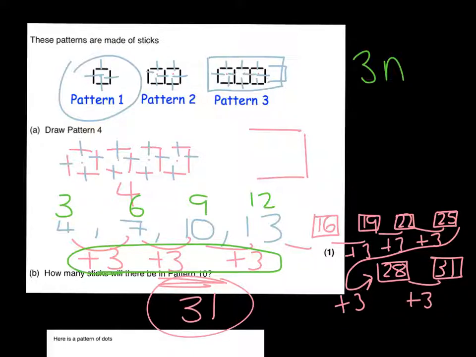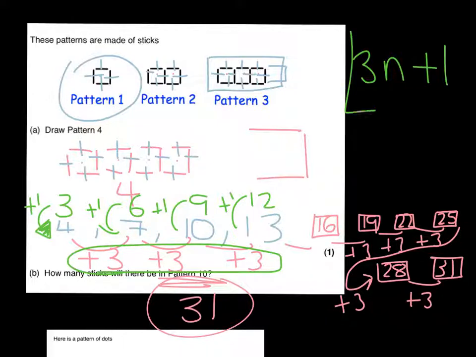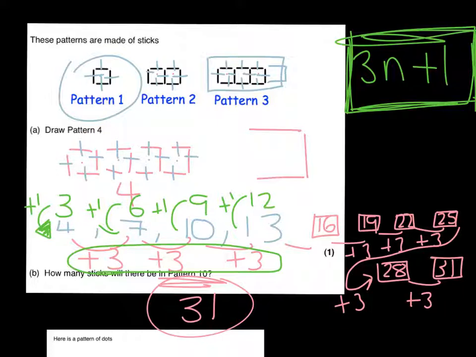The sequence we've got is 4, 7, 10 and 13. It is not the 3 times table. It acts like it, but it's not the 3 times table. It's just 1 ahead of the 3 times table. If you are 1 ahead, then you add 1. Look at each example. 9 add 1, 12 add 1. The nth term for this particular sequence is 3n add 1.